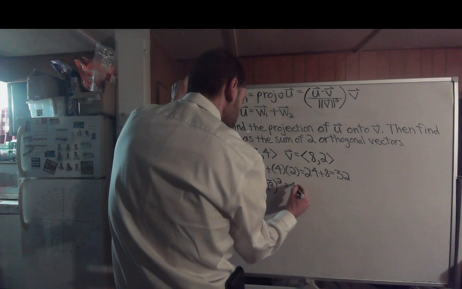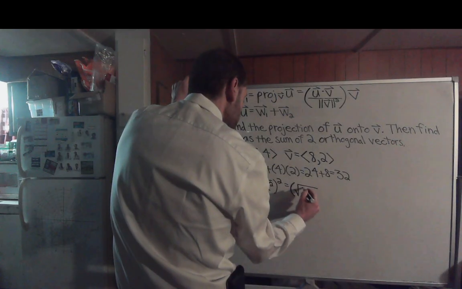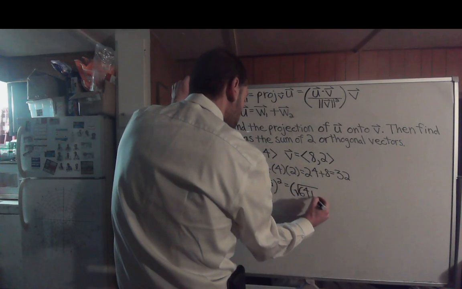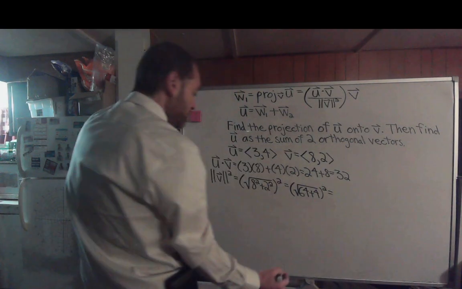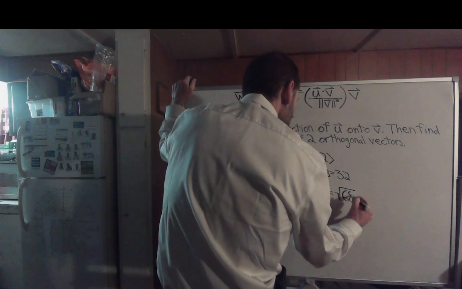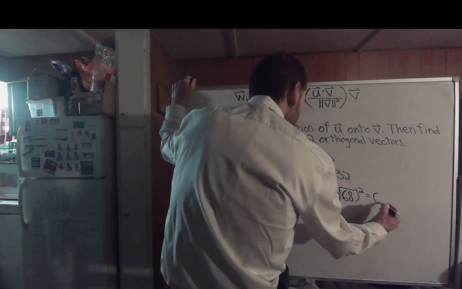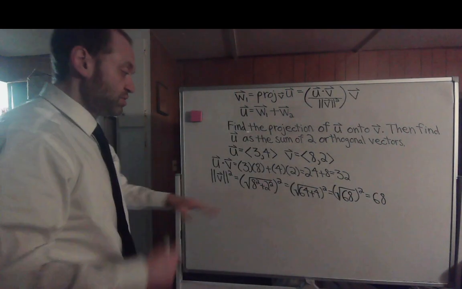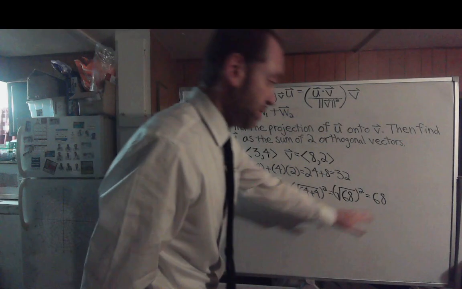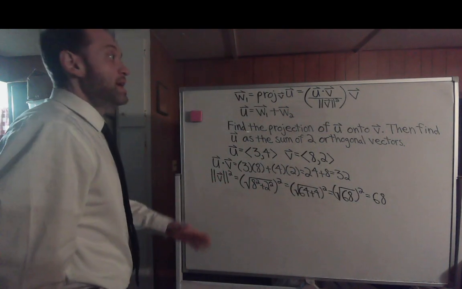That gives you the square root of 64 plus 4, all raised to the second power, which gives you the square root of 68 raised to the second power, simply giving you 68. So the magnitude of vector v raised to the second power is 68.